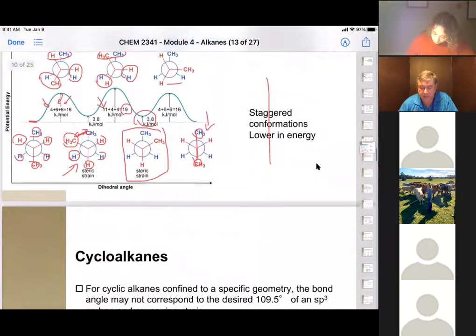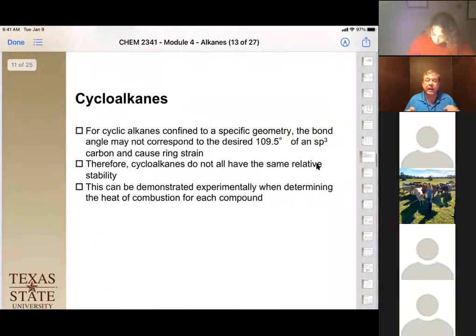Okay. All right. So when we have cycloalkanes, we have a problem, because they are locked in space; they can't freely rotate. They can flip back and forth, but we can't have full rotation around that sigma bond, okay?